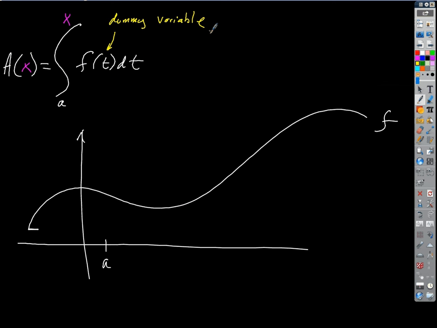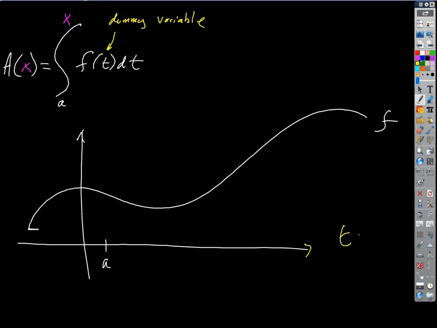What's x, though? This would be the t-axis. x is the upper limit of integration, but is it constant? It's a variable.